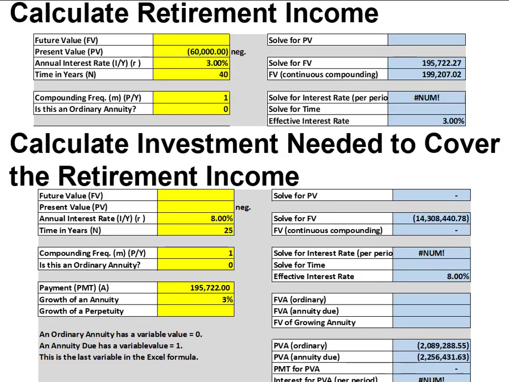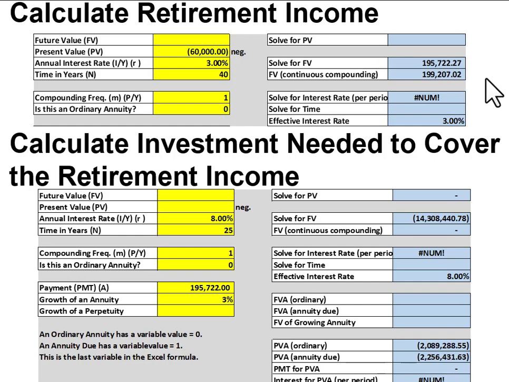So what will your income be in 40 years if it grows by inflation? Well, when you calculate that, again, if the present value goes in as negative, this says when you retire the very first year, you're going to need $195,000 a year in retirement to live the same way you are right now on $60,000.